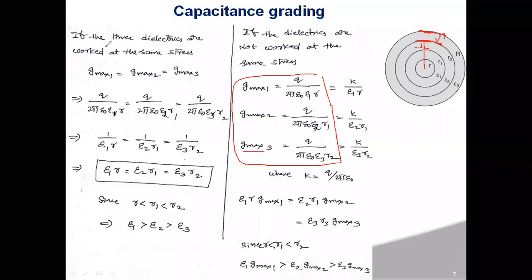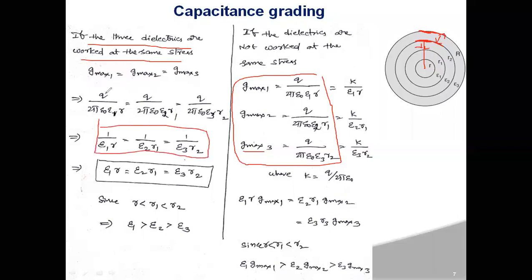Suppose these three dielectric materials are working at the same dielectric stress, in the sense that G max 1, G max 2, G max 3 are all equal. When you equate all three, you get the condition: Q by 2 pi epsilon naught epsilon 1 r equals Q by 2 pi epsilon naught epsilon 2 r1 equals Q by 2 pi epsilon naught epsilon 3 r2.